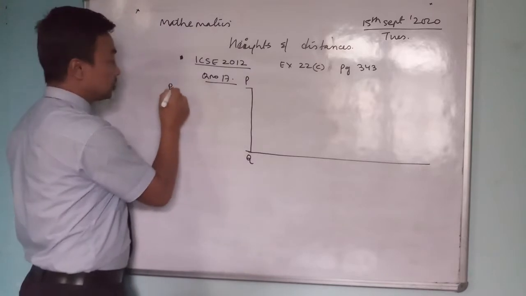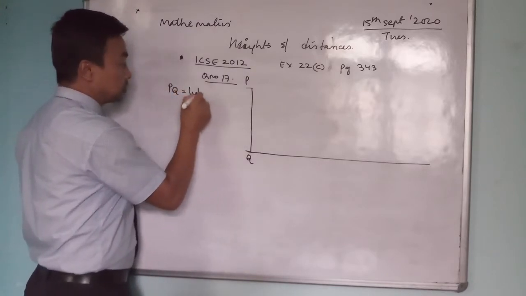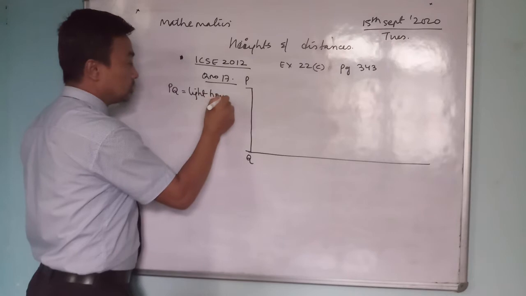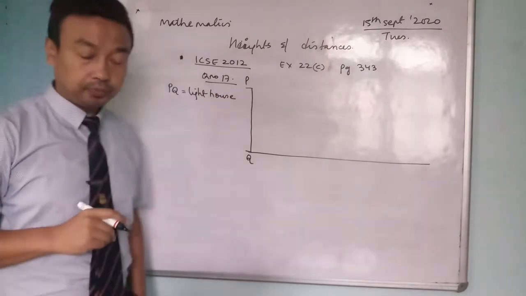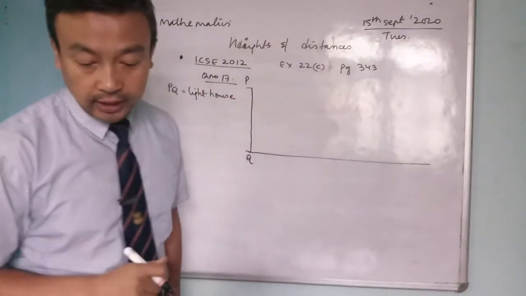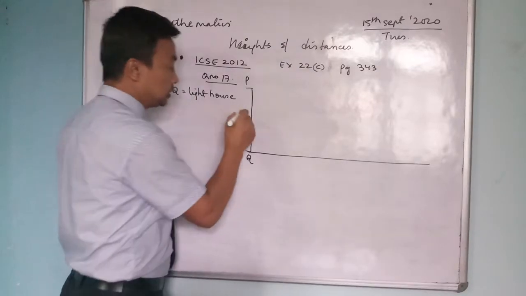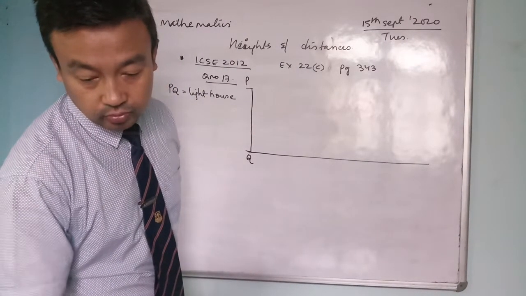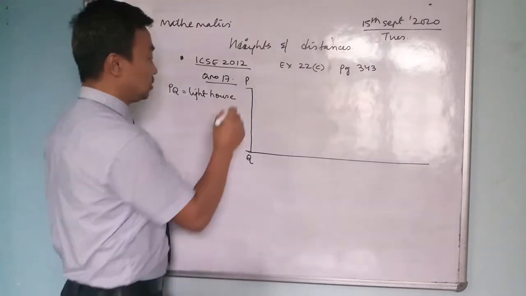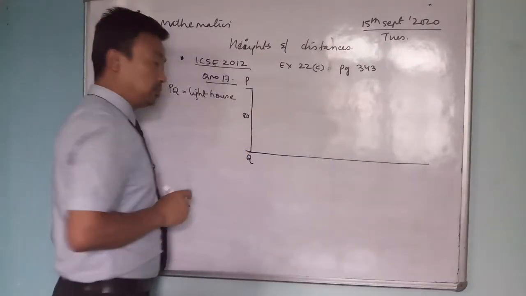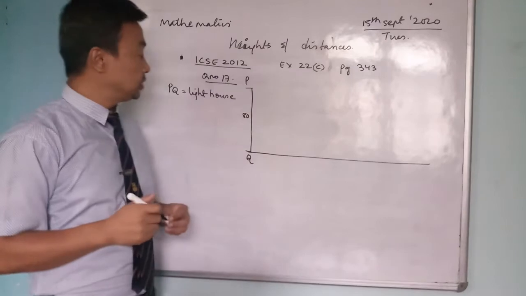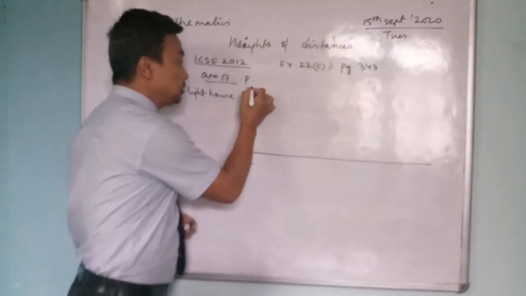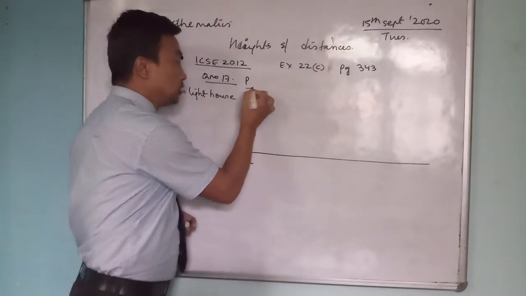So PQ is your lighthouse, and the height of the lighthouse is given to you, which is 80-meter tall. Now from the lighthouse, this is your point of observation.